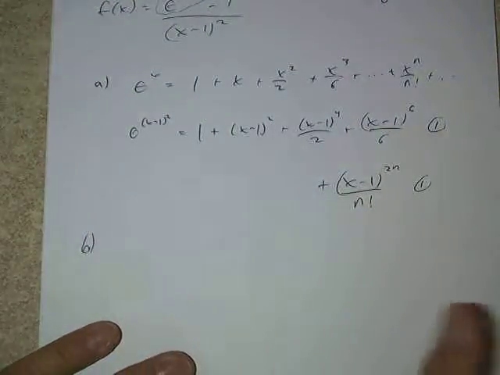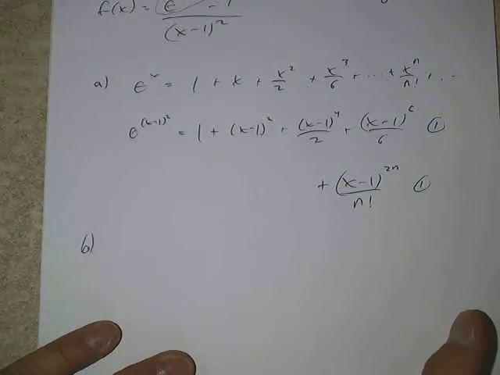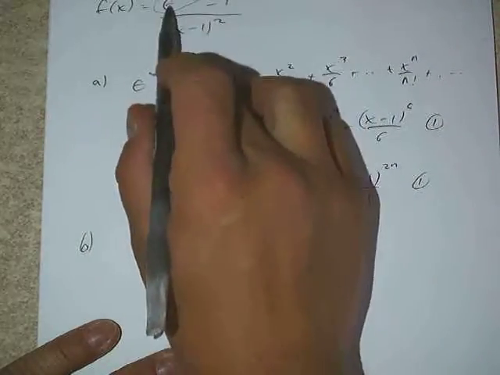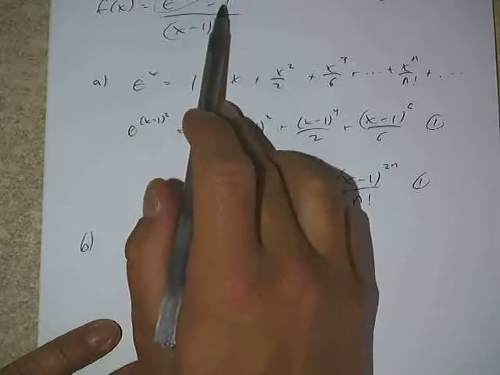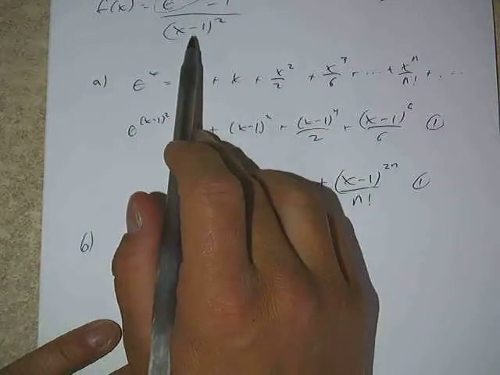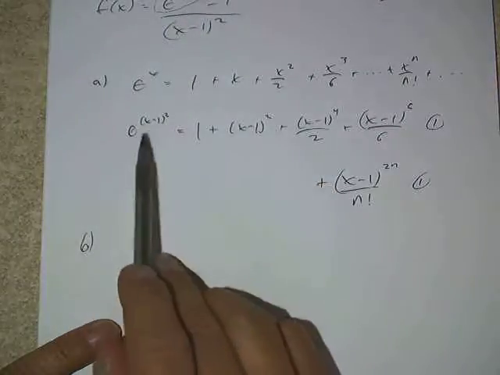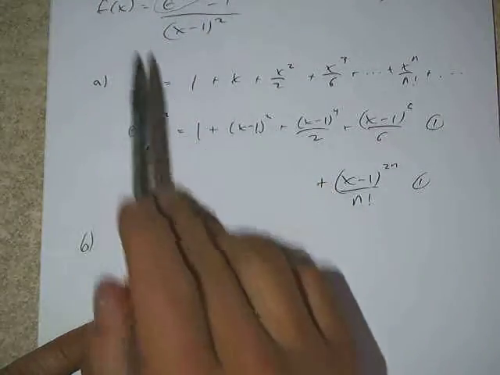Alright, now on part B, once we have this established here, remember this is a Maclaurin series, or Taylor series actually, because it's not Maclaurin. This is a Taylor series for this function. So this and this are essentially the same on their interval of convergence. Fair enough.